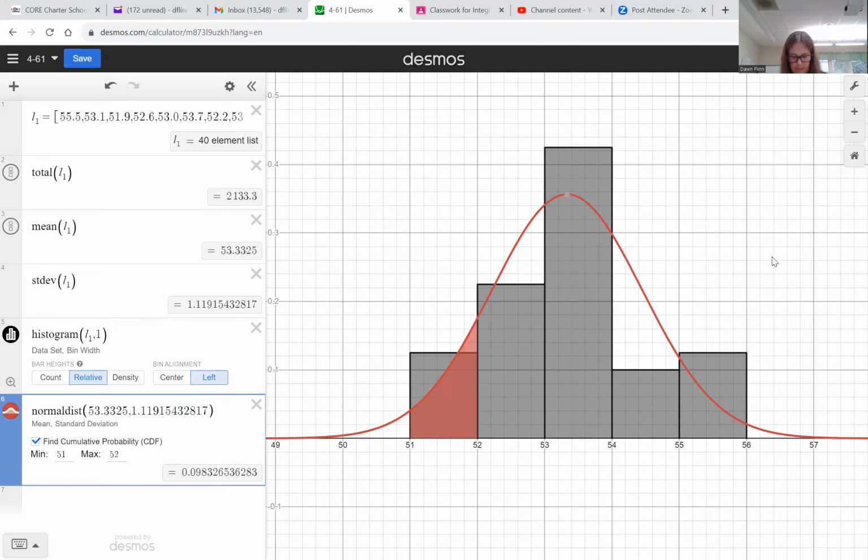Letter D says, how many size 51 hats should Style and Comfort order for the anticipated 775 racers? So I know that it was 0.09. This is the decimal for the percentage of hats that we need. And I know that in the very beginning of the problem, it said there was going to be 775 racers.